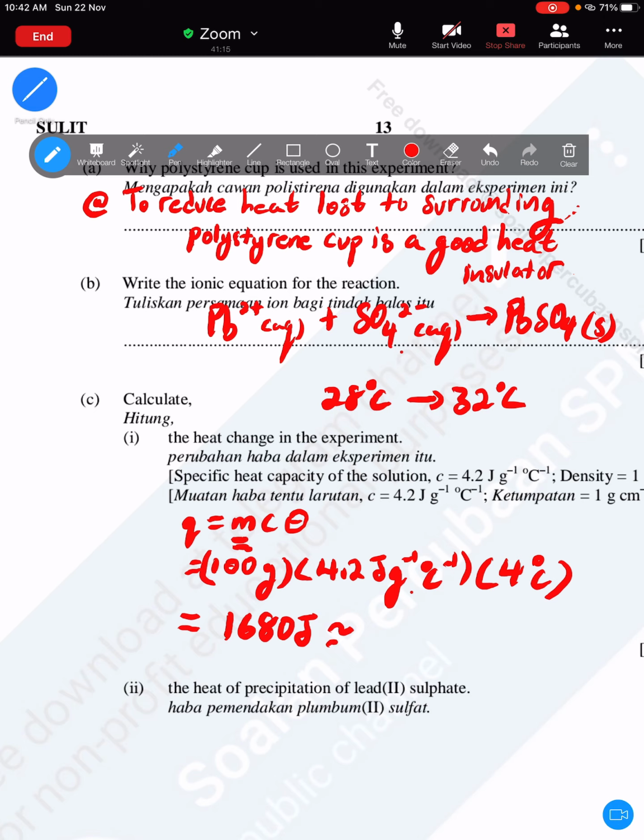But change this to kilojoule. So it becomes 1.68 kilojoule. That's it.